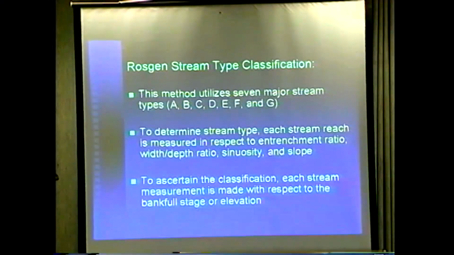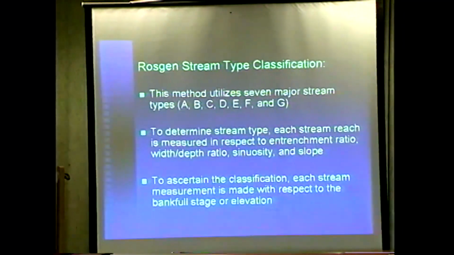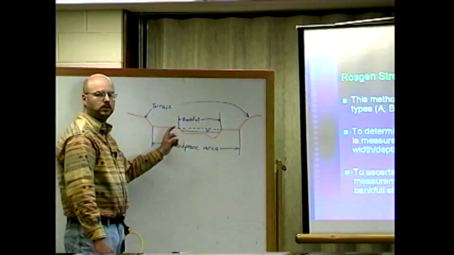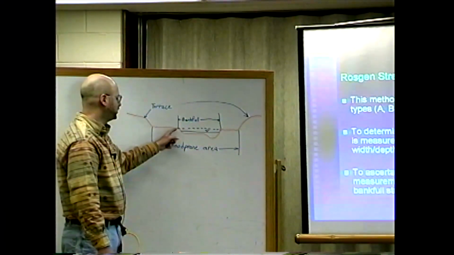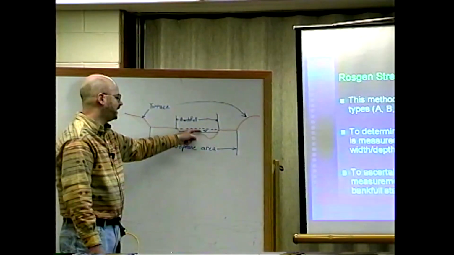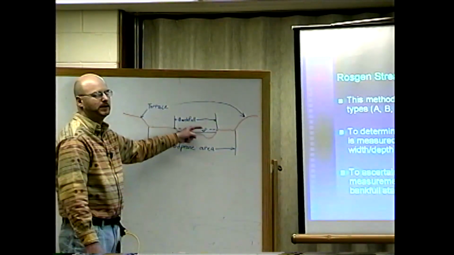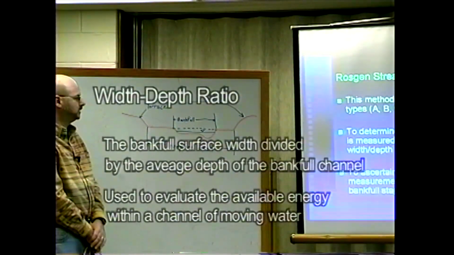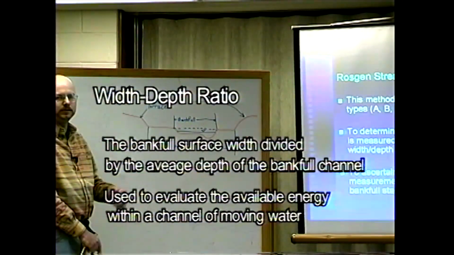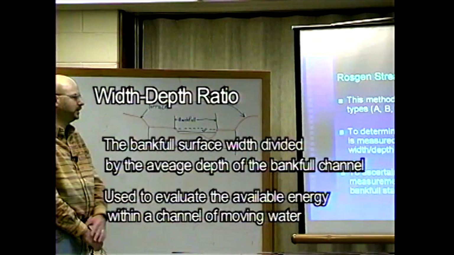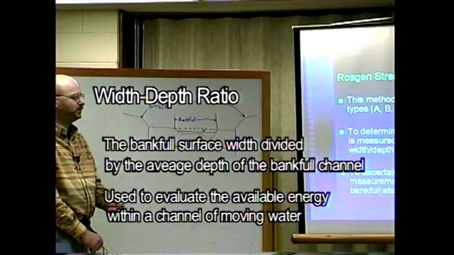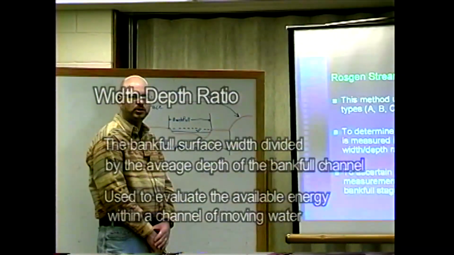On our cross-section we have over here, basically that's the width from bankful to bankful on each side of the channel to the average depth, not the maximum depth, but the average depth. And then there's a chart with different numbers that you compare that width-depth ratio to gain an understanding of what type of channel you have, and entrenchment ratio.